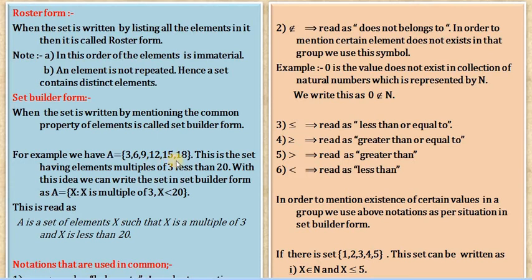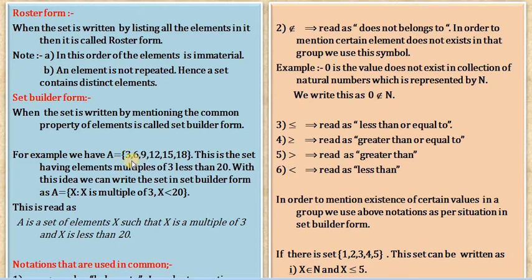So this set is in roster form. Now if the property is written by mentioning the property or by writing a single statement without writing all these elements, such form is called set builder form. Let us see how it is written.